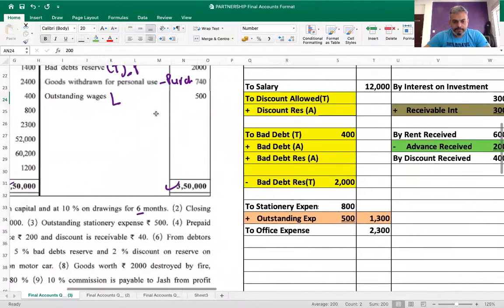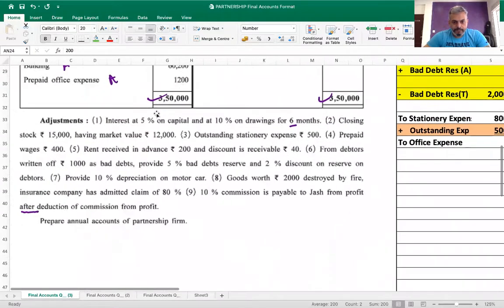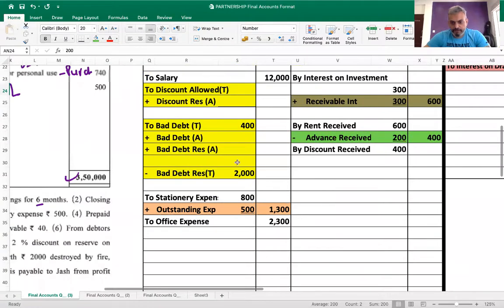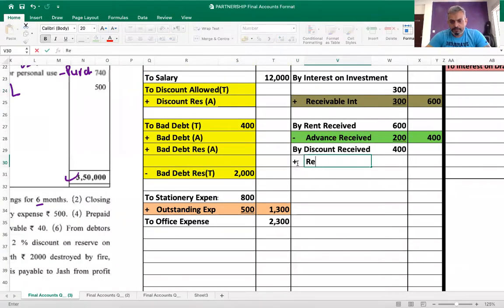Next, discount receivable 40. So receivable, so we have to add 40, add so 440.